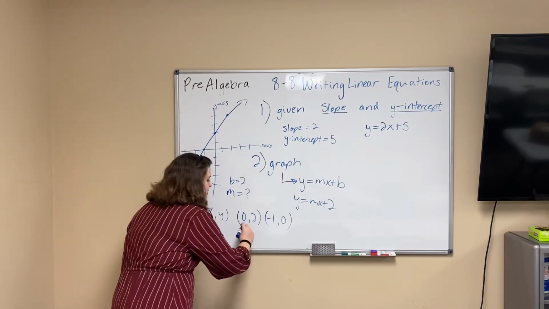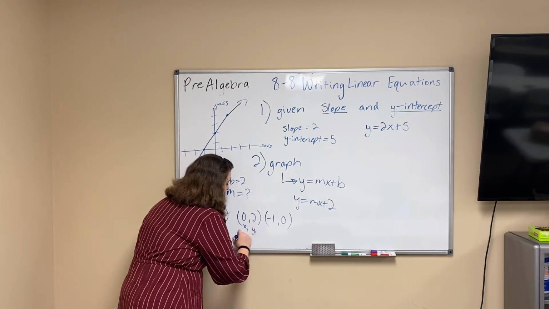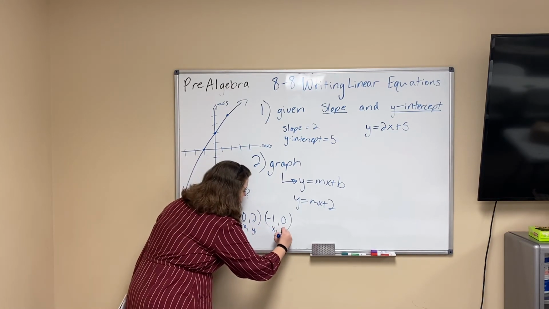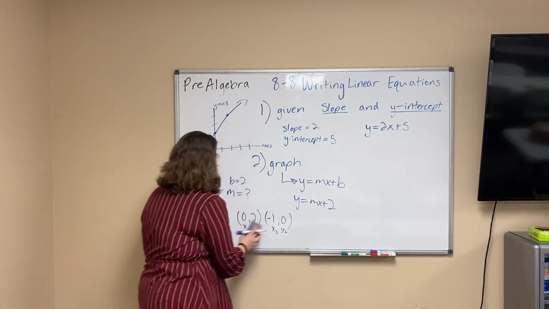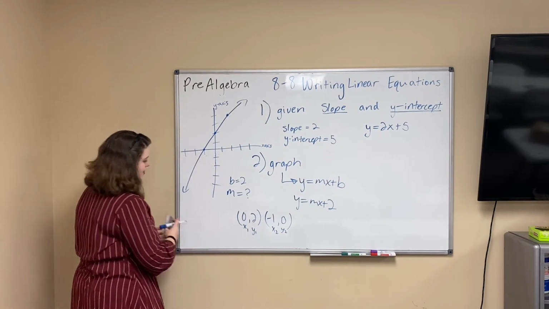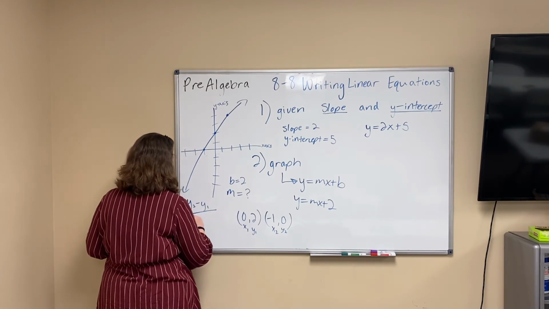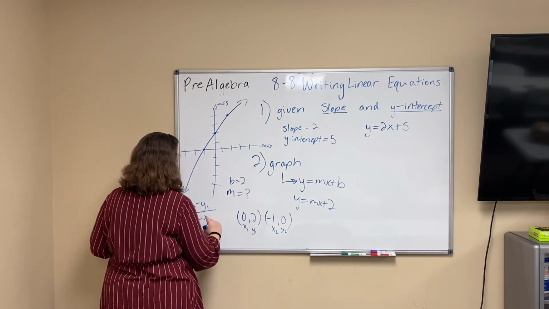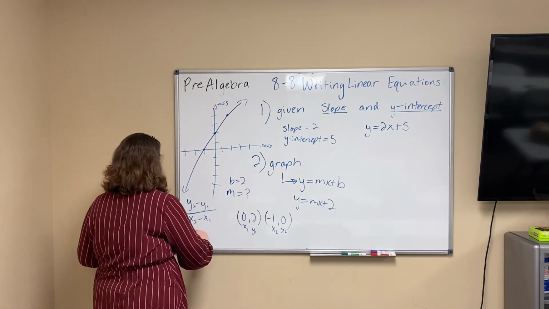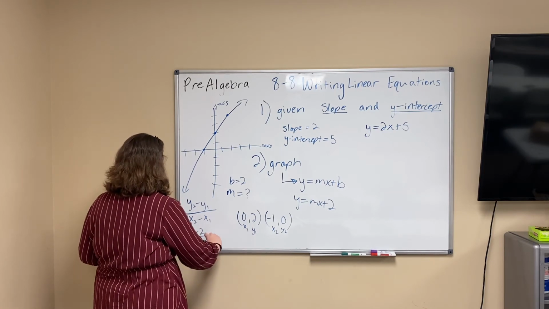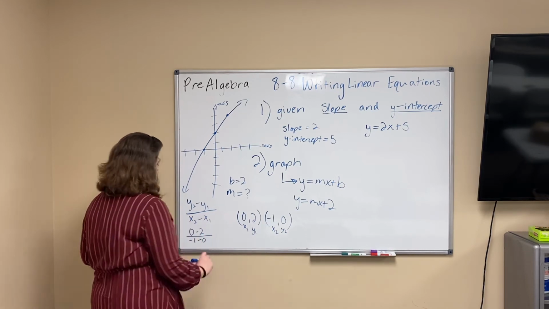Now we're going to label it just like we did when we were finding slope in the other lesson. x1, y1, x2, y2, and we're going to put it into our slope equation. Hopefully you guys remember that from 8-6. It's the one that looks like this: y2 minus y1 over x2 minus x1. So when we plug these numbers in, we're going to get 0 minus 2 over -1 minus 0.